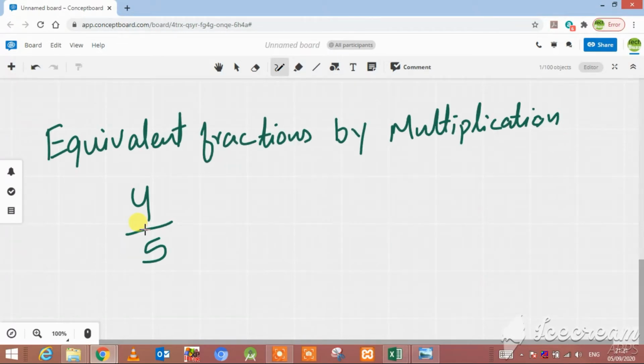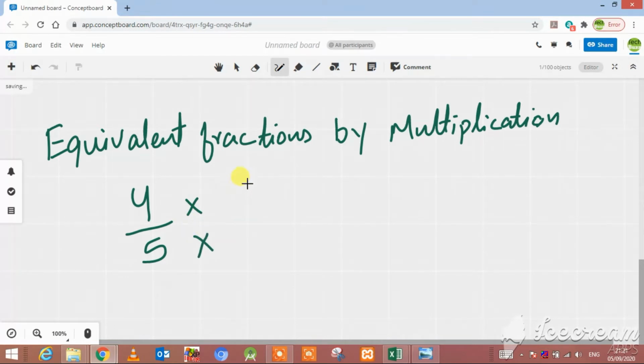So when you have a fraction and you have to find an equivalent fraction by the multiplication method, in that case what you will do, just take any number as per your choice, and multiply the numerator and denominator with that number.